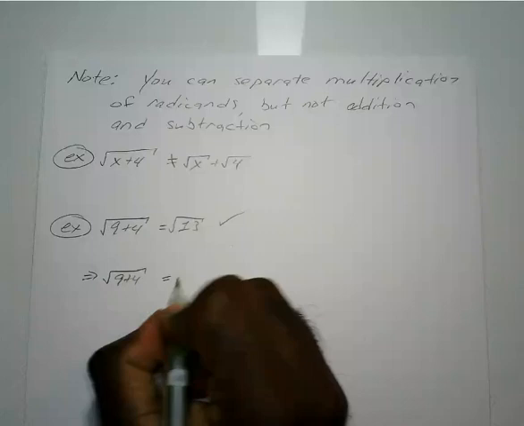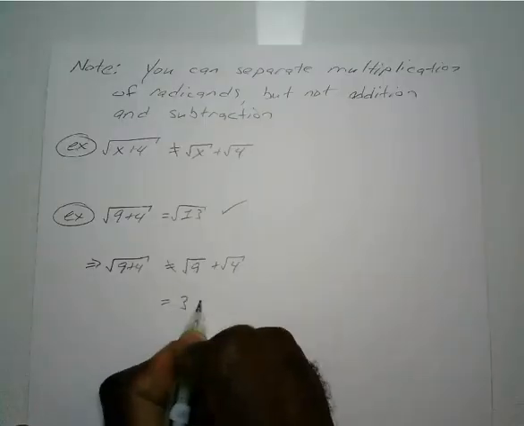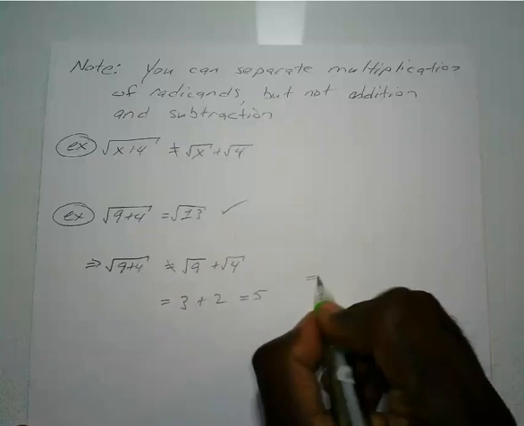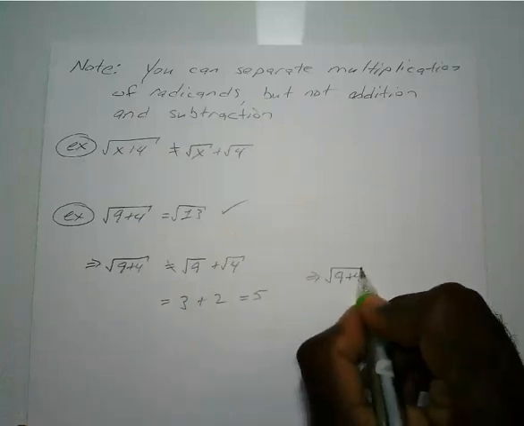We already know that the square root of 9 plus 4 does not equal 5. That's why we can't separate adding and subtracting, but we can do it for multiplication and division.